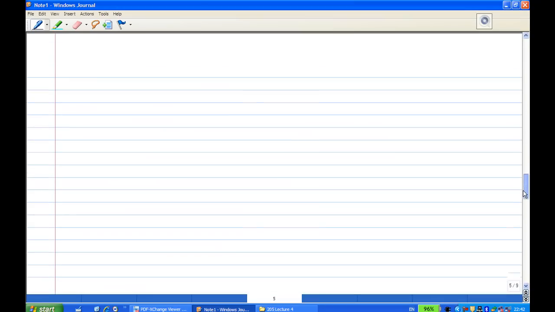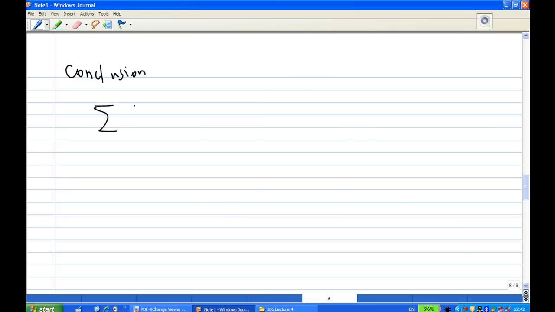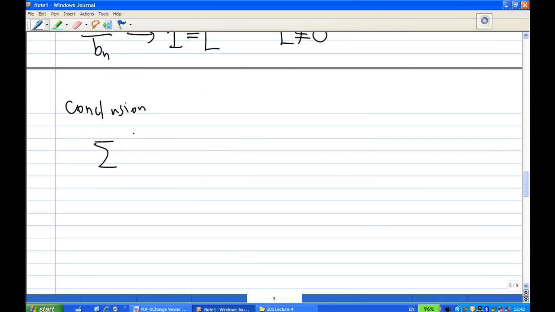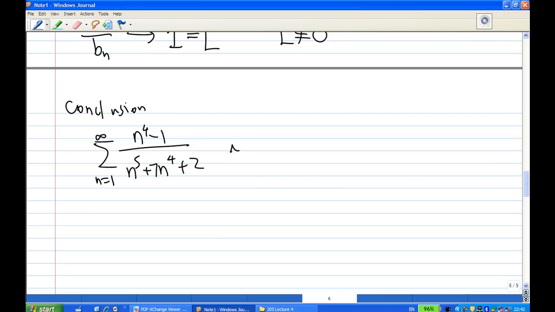And so, my conclusion is that the summation of an, which is (n^4 - 1)/(n^5 + 7n^4 + 2), n from 1 to infinity, and the summation of bn, which is 1 over n, n from 1 to infinity, converge or diverge together.